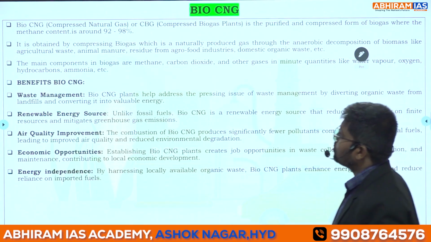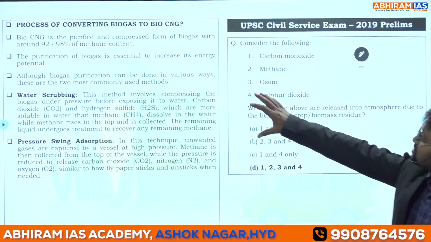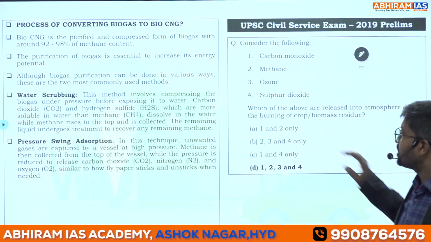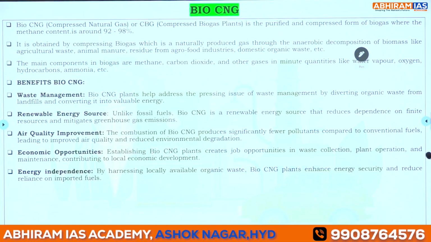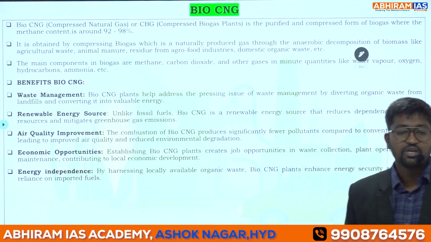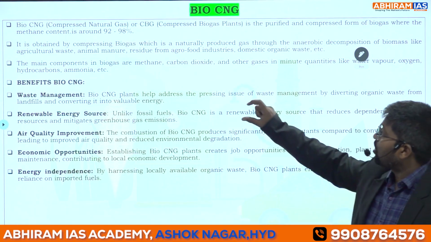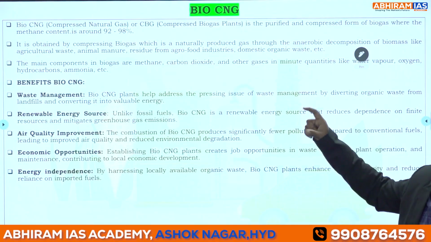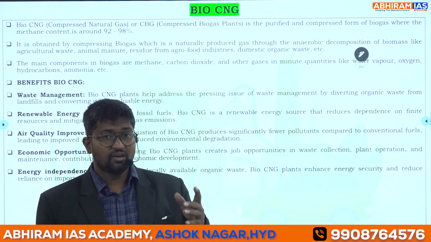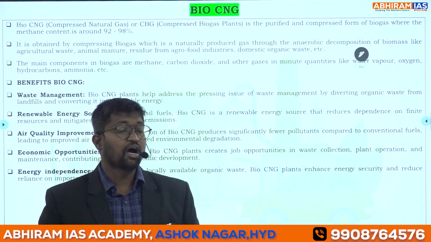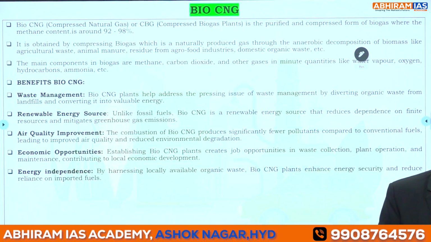Now we are focusing on the process of converting biogas to bio-CNG. Bio-CNG is obtained by compressing biogas. The sources of biogas are many. So how do you get biogas? What are the sources of biogas in India?